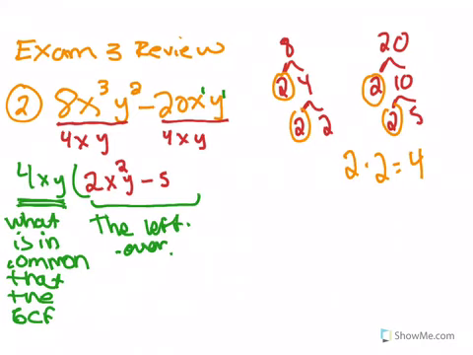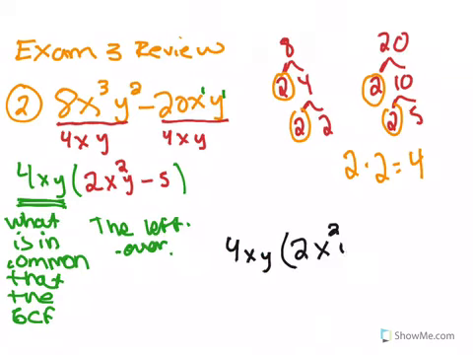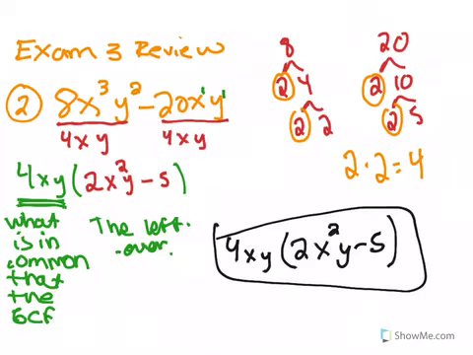So you're just left with 5. Okay, so let me take this out here. Your answer is 4xy, open parentheses, 2x squared y minus 5.